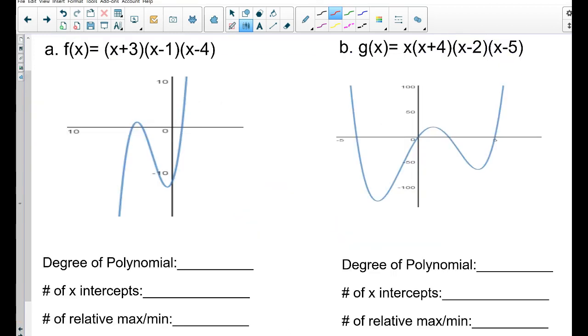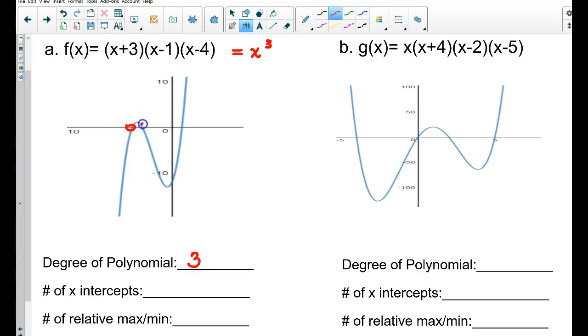For the following functions, I'd like you to determine the degree of the polynomial, as well as the x-intercepts and the number of relative minima and maxima. To get the degree, we multiply the x's, and we have x times x times x for that first term. That's x cubed, which means the degree of the function is 3.